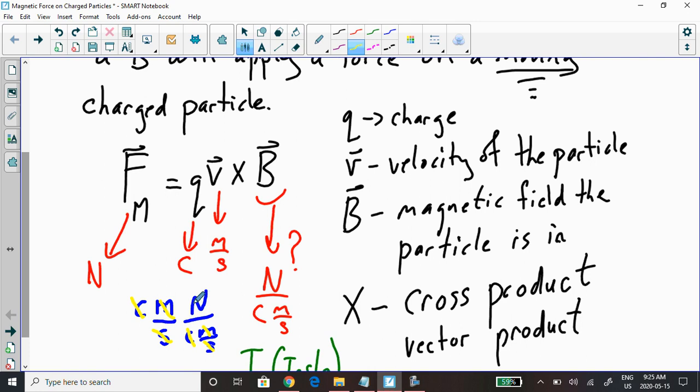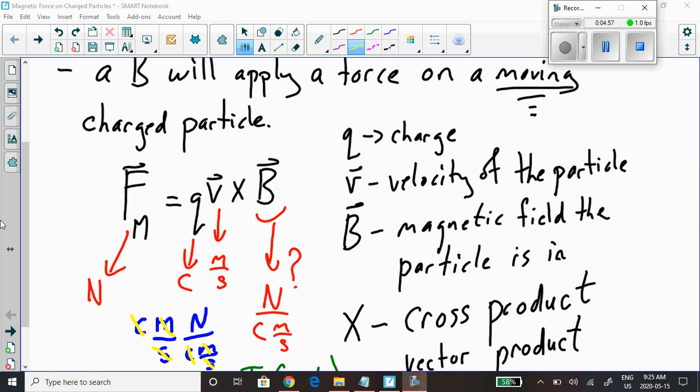And you want to have Newton left because when you multiply these all together, it's got to be equal to a force, a Newton. So that means the unit for a magnetic field is literally a Newton over a Coulomb meter per second. That is the unit for a magnetic field. It has to be that so that when we multiply through the charge and the velocity, we end up with a unit of a Newton for the force on the left-hand side.